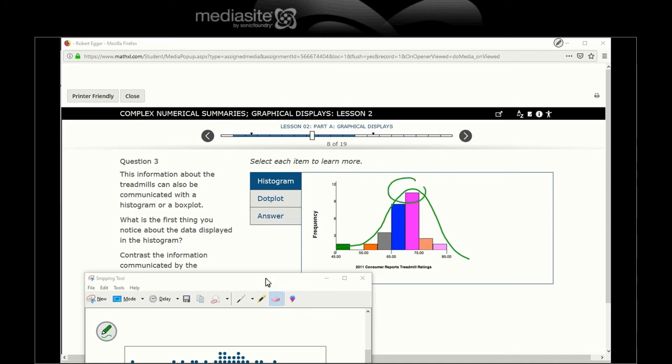Definitely basically a peak, which we can call a center, most likely where the mean and median tend to reside. Like I said, it starts with small values, increases, peaks, and then falls off again.